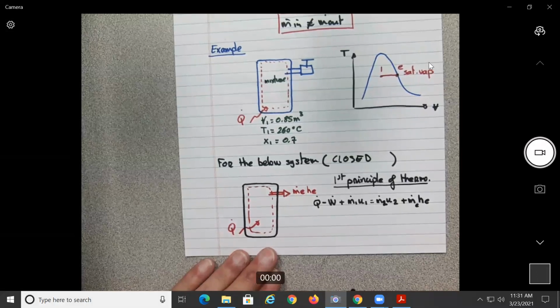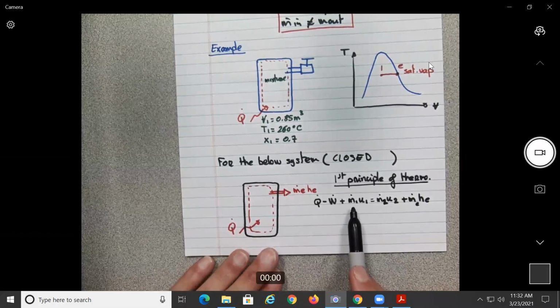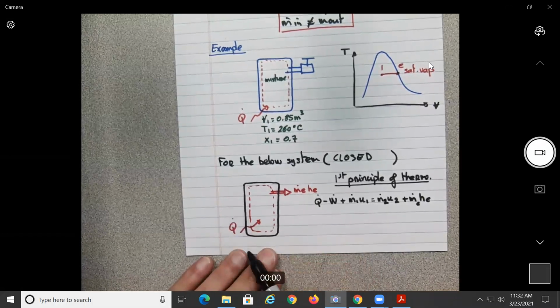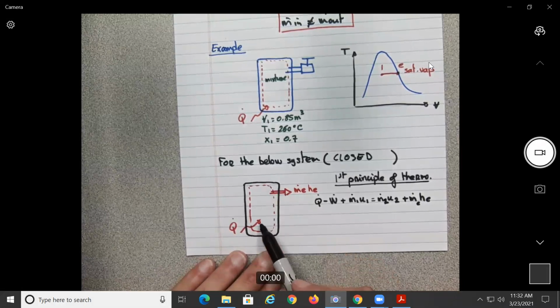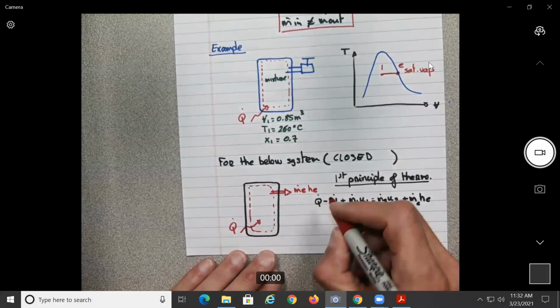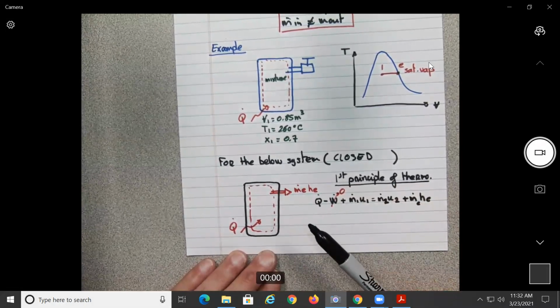Okay, so let's slow down for a second. What I'm doing here is what? This is the closed system, no? How does the first principle of thermodynamics apply? It is Q minus work. Is there any work in this system? Don't have it, so this should be 0. We can do it right away. Now, plus, what is the change in energy between the initial state and the final state?